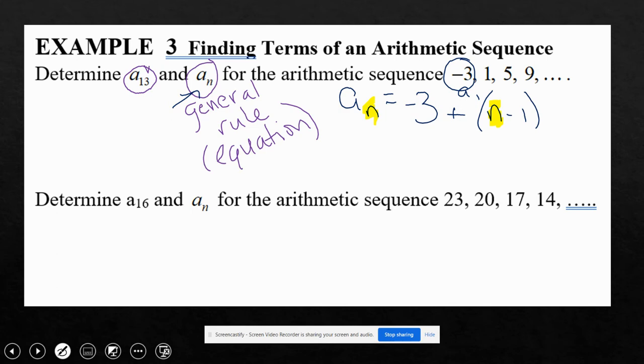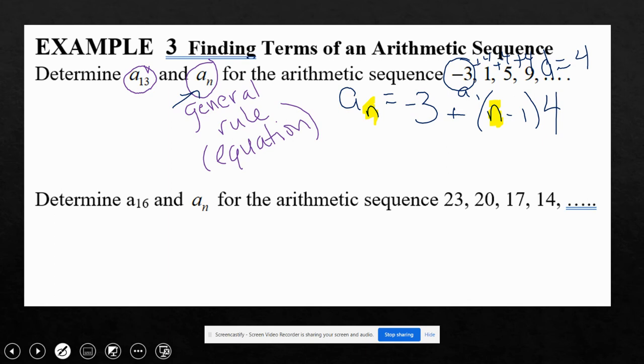And then we need to find the d. What is the rule that we're using to go from -3 to 1 to 5 to 9? And it looks like +4, +4, +4. So our d is +4.